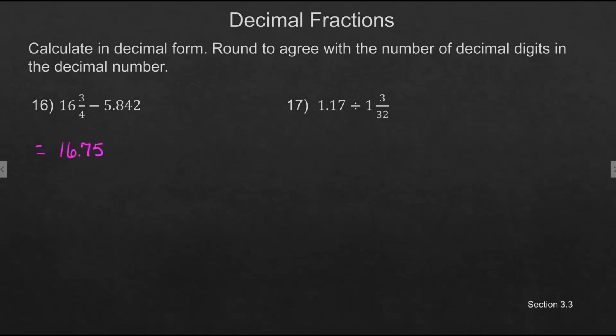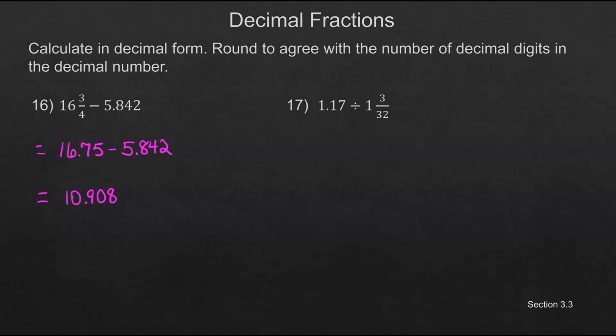Remember, I find the .75 by taking 3 divided by 4. I'm going to subtract 5.842. That's what I'm subtracting. And that equals 10.908. I think that comes out like that exactly. So we didn't actually have to round it at all.